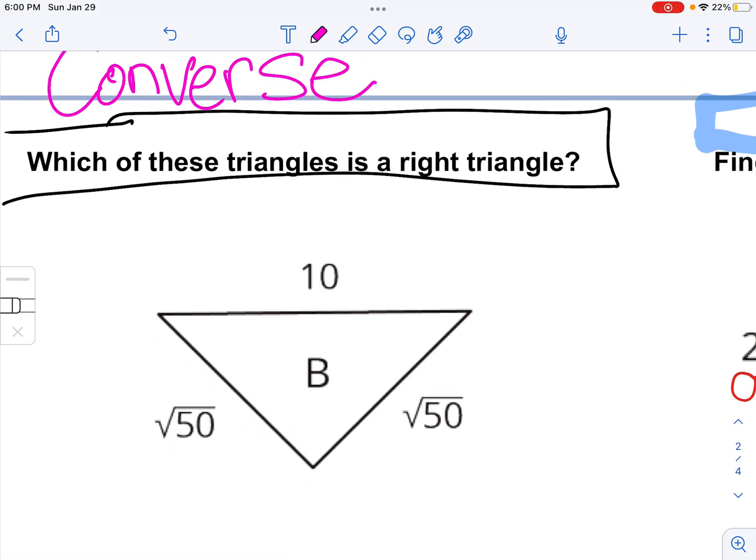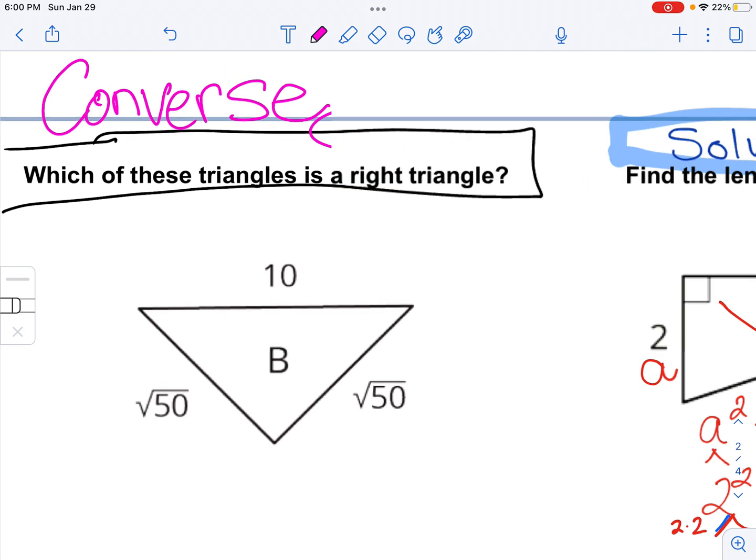Okay, so what we do here is prove if it's a right triangle. By looking here, I'm going to go ahead and use my understanding of a right triangle and find my legs. I know that these are my legs for 2 reasons.